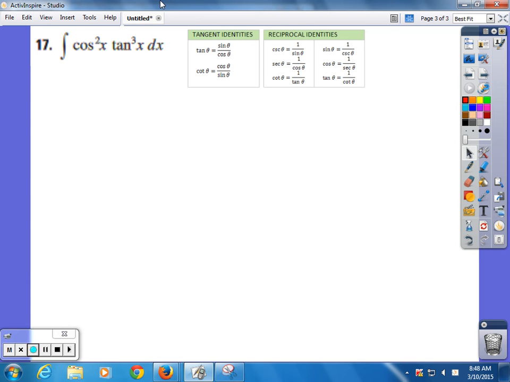So what could we change that tangent to? Yeah, sine over cosine would be the best one. Then see what you get.